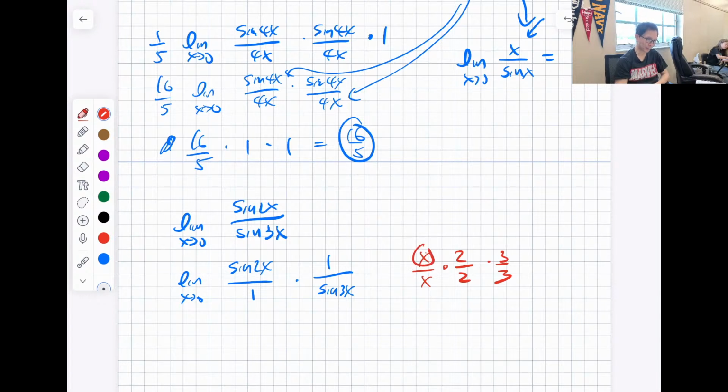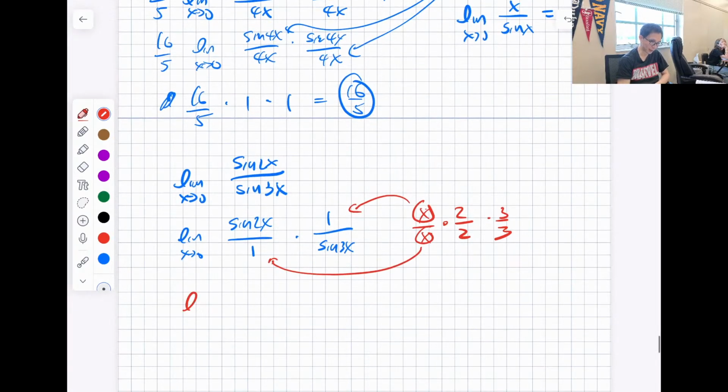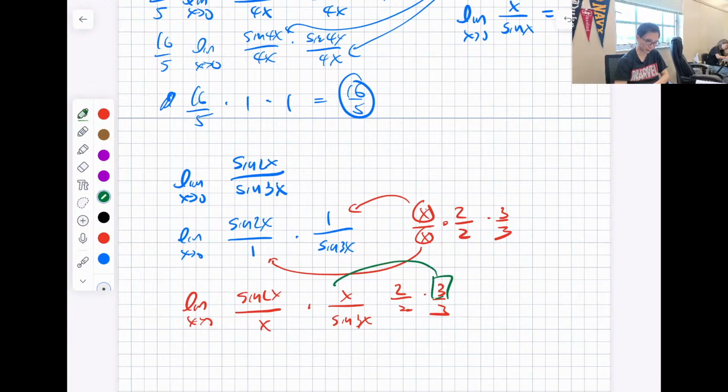First of all, this x can move to here, and this x can be moved here, right? So you can rewrite that as the limit as x approaches 0 of sine of 2x over x times x over sine of 3x. Now I've taken care of the x situations. Now I have 2 over 2 and 3 over 3. So I can put this 3 here and this 2 in here.